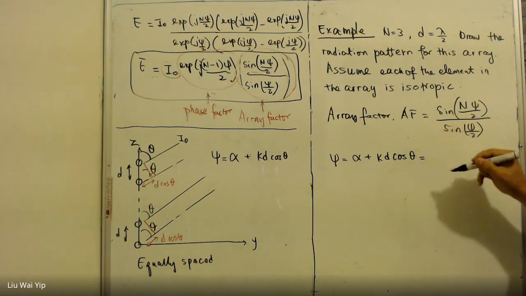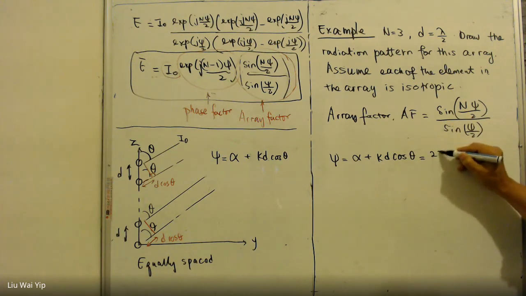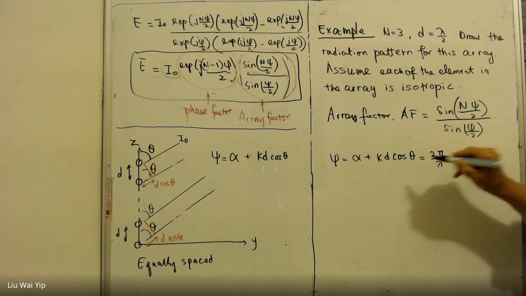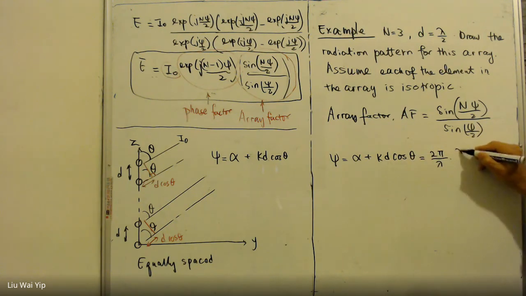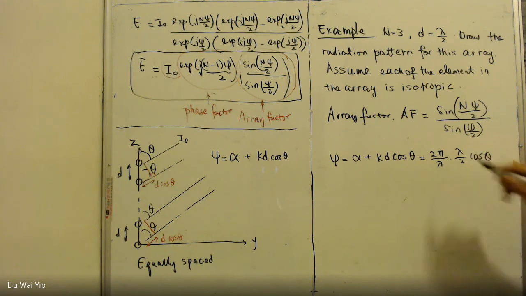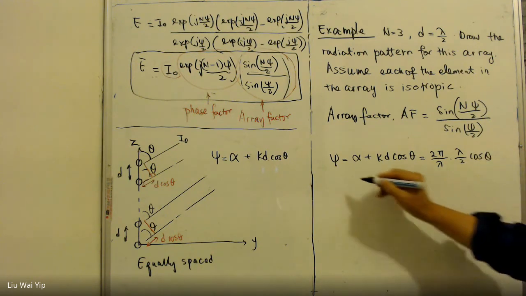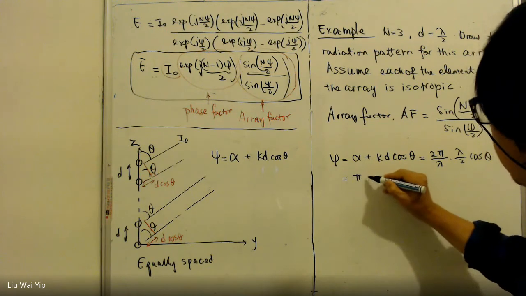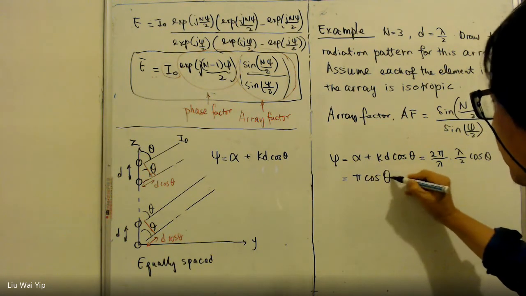And what we will end up with here is 2 pi over lambda, times lambda divided by 2. And eventually, what you have here is pi cos theta.